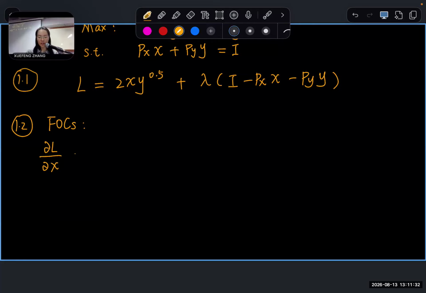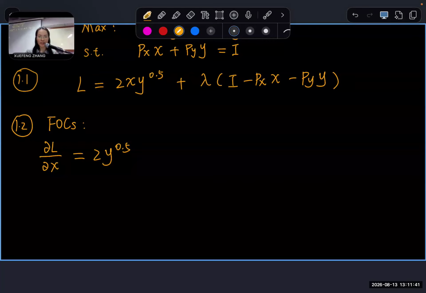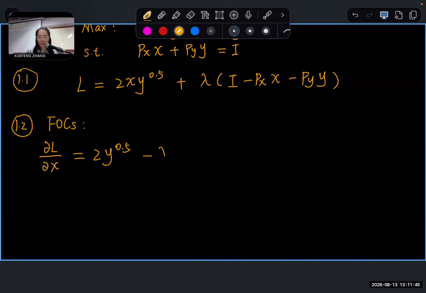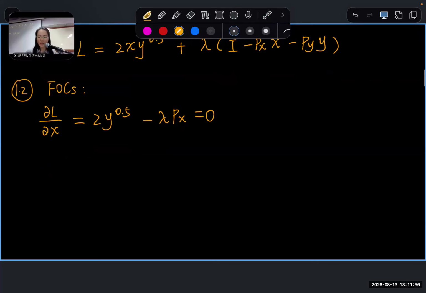So this one equal 2 times y power half, because here you are taking derivative with respect to x. So 2y power half minus lambda px equals 0, right? We have a negative px here for x, and here we have lambda. This is the first equation.